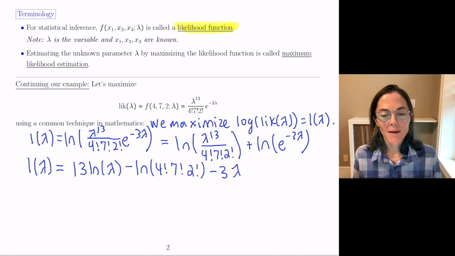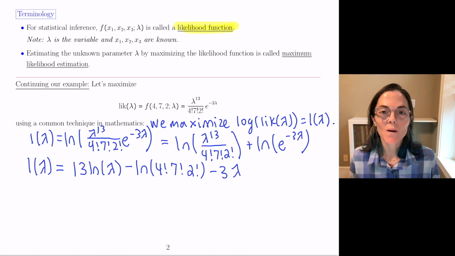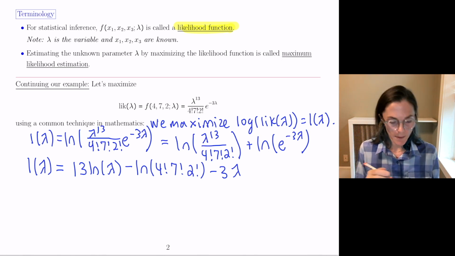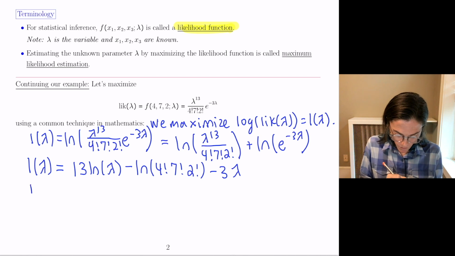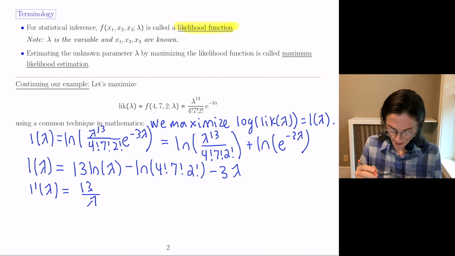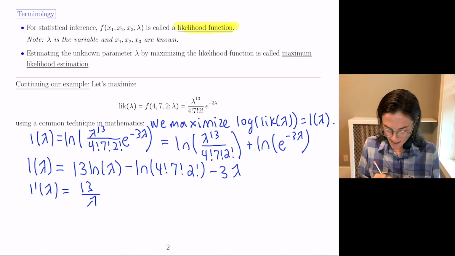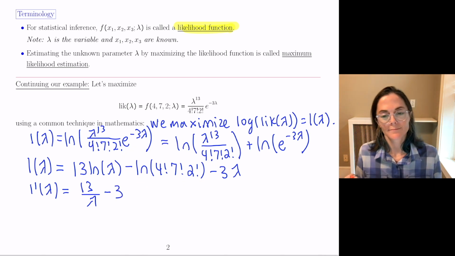Well, how do we maximize? Calculus 1, we can take the derivative, set it equal to 0. And really, we already observed that we have a maximum here. So let's take the derivative with respect to lambda. Here I'll get 13 over lambda. This part is just a constant. And then I have minus 3.